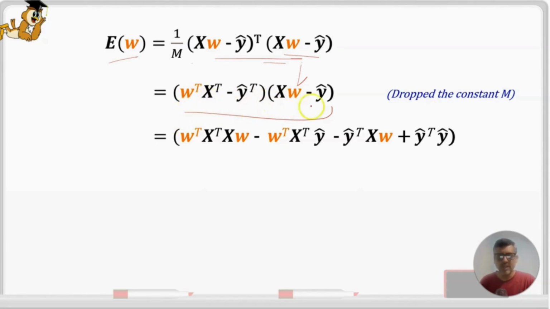Now I am going to multiply these two brackets, and what you get is w transpose x transpose multiplied by xw. That's the first term right here. Then you get minus w transpose x transpose multiplied by y hat. That's the second term. The third term is minus y hat transpose multiplied by xw. And finally plus y hat transpose y hat, right?